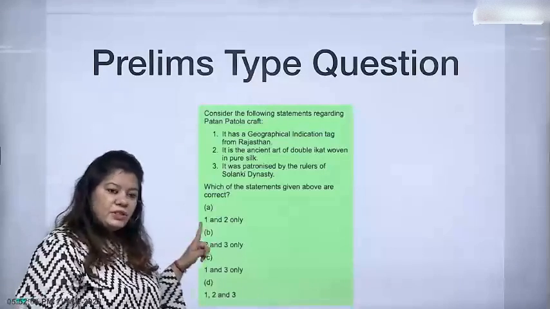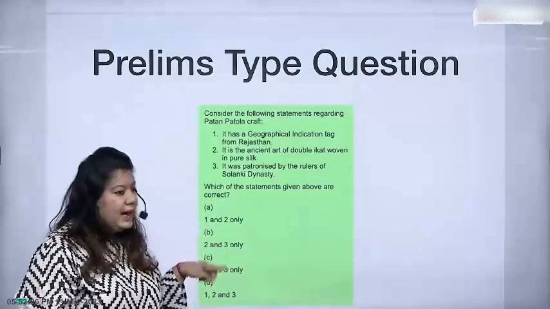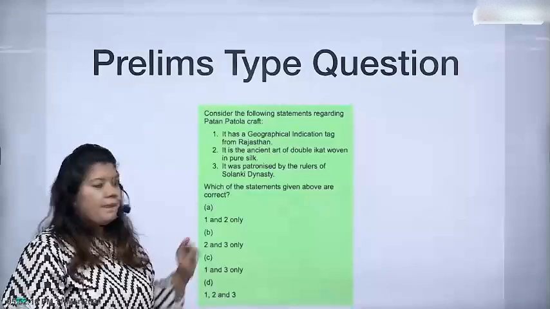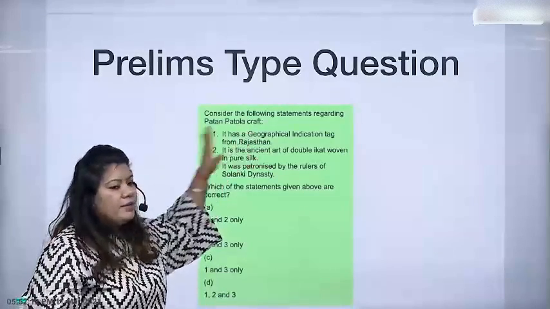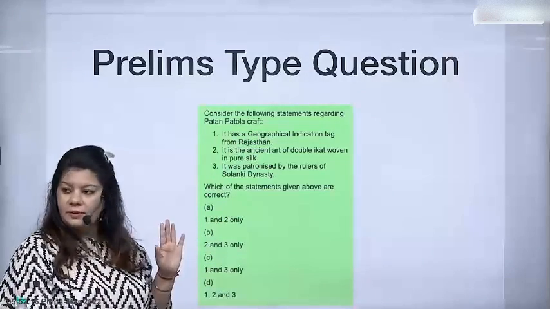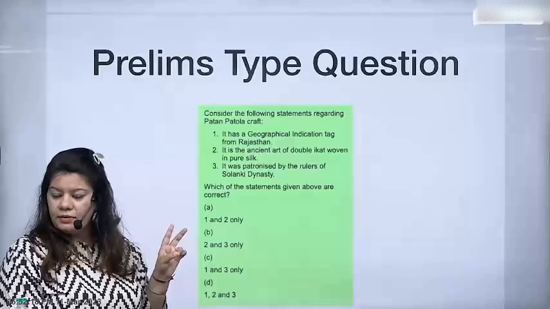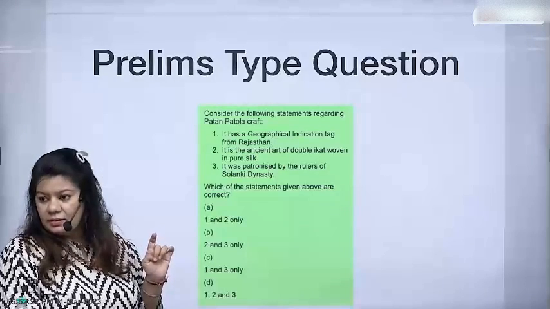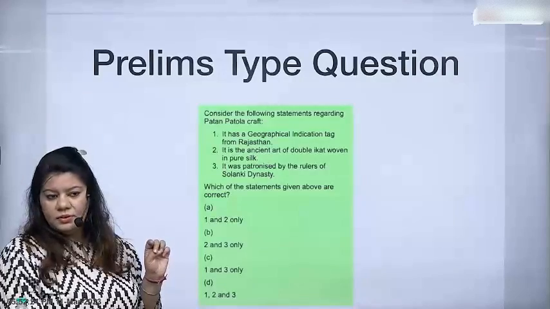Does it have a GI tag? Or if it has a GI tag, whether it is from Rajasthan. What if we have not given you Rajasthan? Patan patola has GI tag, are you sure? Pakka? It is not in the material, is it? No, I don't think so.